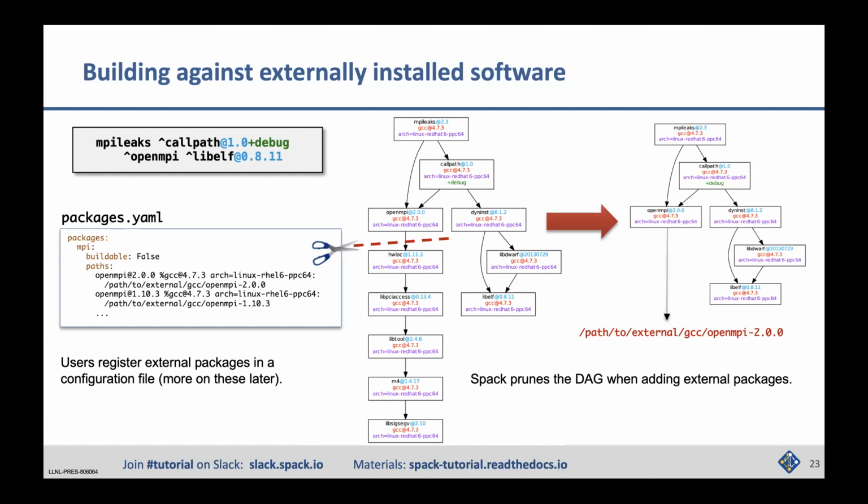We don't have to worry about it further. When we do the configuration section of the tutorial, we go into more detail on how to do this configuration. But that section's kind of dry because it's just here's how you format a YAML file. Suffice it to say, you can configure Spack to use external packages, not just MPI, but anything that you want.